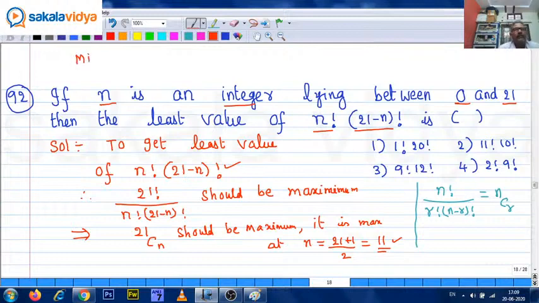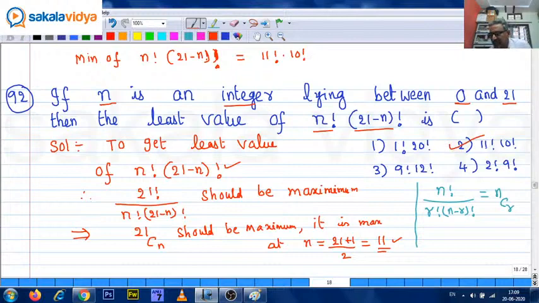Therefore the minimum of n factorial into 21 minus n factorial is 11 factorial into 21 minus 11, 10 factorial. That means the second option is the right option. Thank you.